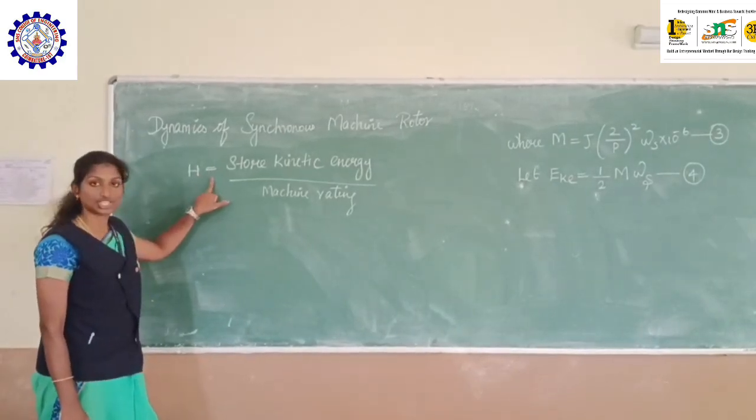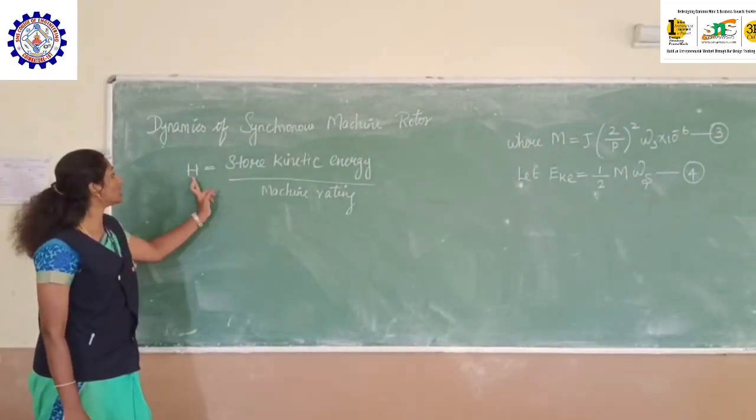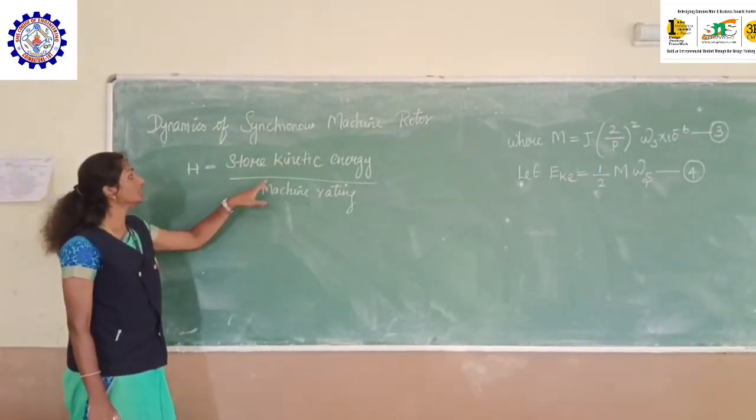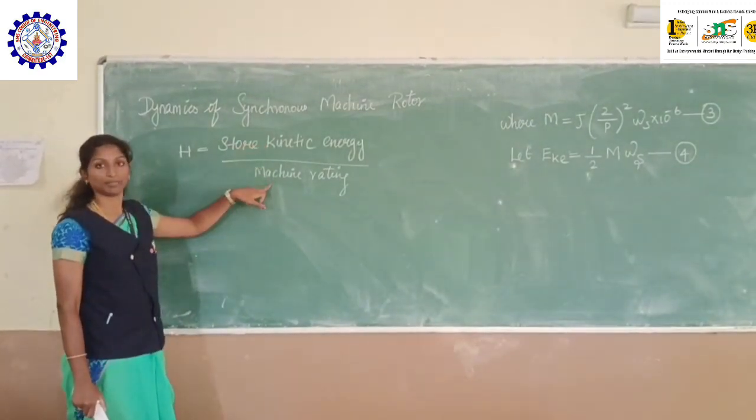So to calculate inertia constant, the definition for inertia constant is the ratio of stored kinetic energy divided by machine rating.